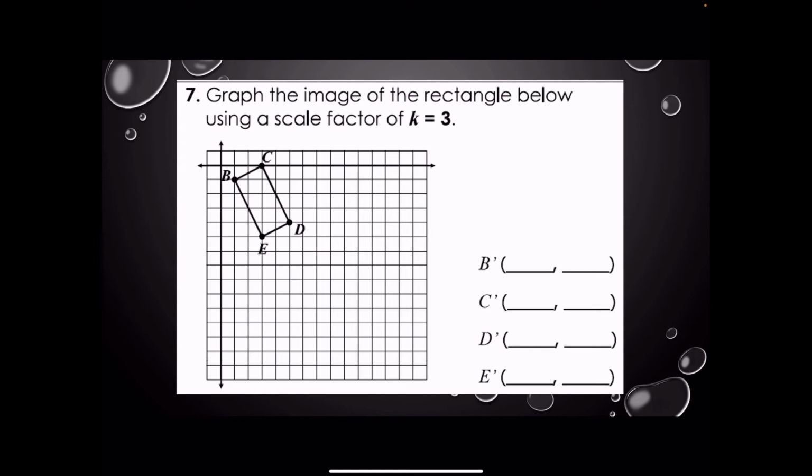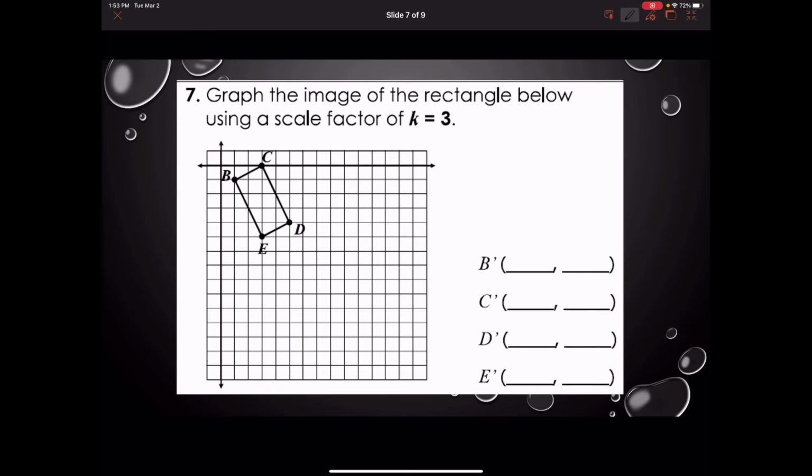Okay, so this one's kind of the same. All I want you to do, they've graphed it already for us. Okay, and we're just going to now graph the image based off a scale factor of 3. Meaning I'm going to take this ordered pair. They didn't give me the ordered pair. You can either pull it off, or you can kind of increase everything by 3.